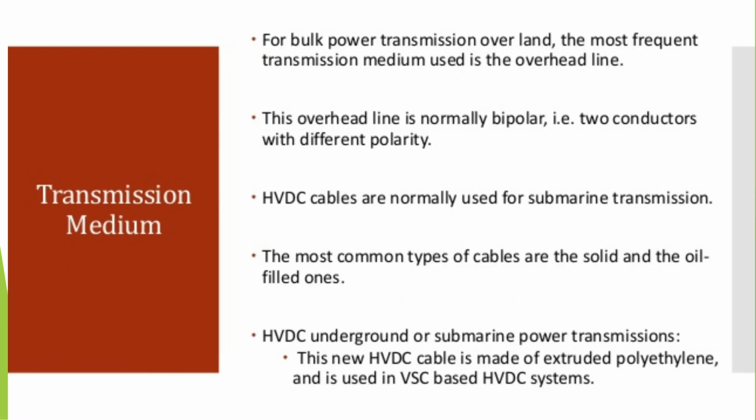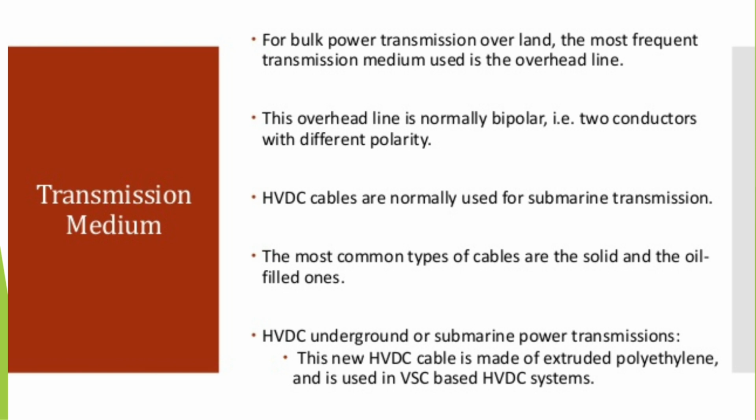And next one, what is the transmission medium? Here we have to transmit a bulk amount of power over longer distances. For that we are using one transmission medium, which is the overhead line. The overhead line here we are using is bipolar. This is called a bipolar link actually.